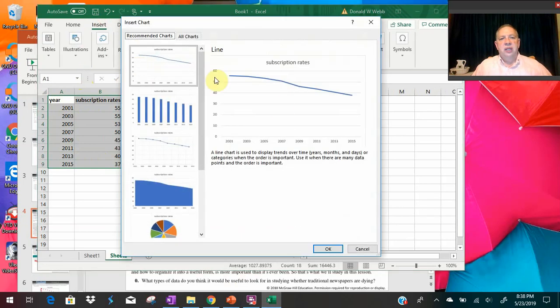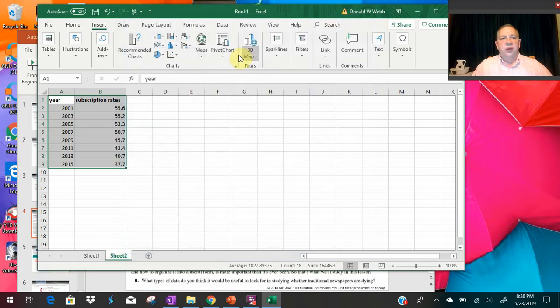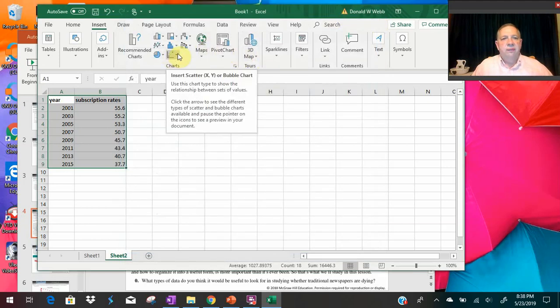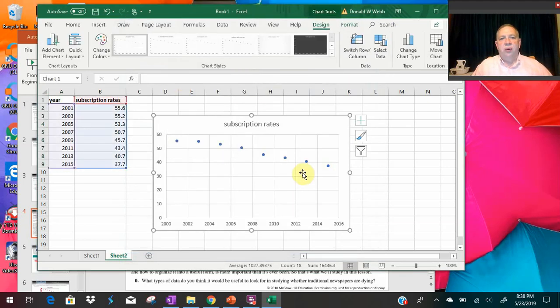Recommended charts. There would be some things. I wanted to show you this one though that is just the scatter plot. This is the scatter plot with just the dots. Here would be just the points if these were my XY coordinates. 2001, height 55.6. Okay, so those would just be a scatter plot of just the dots.